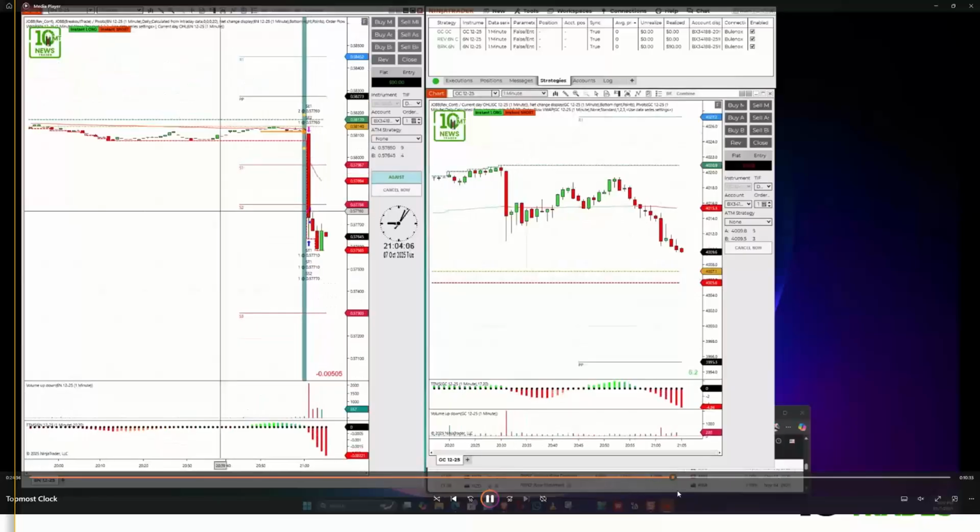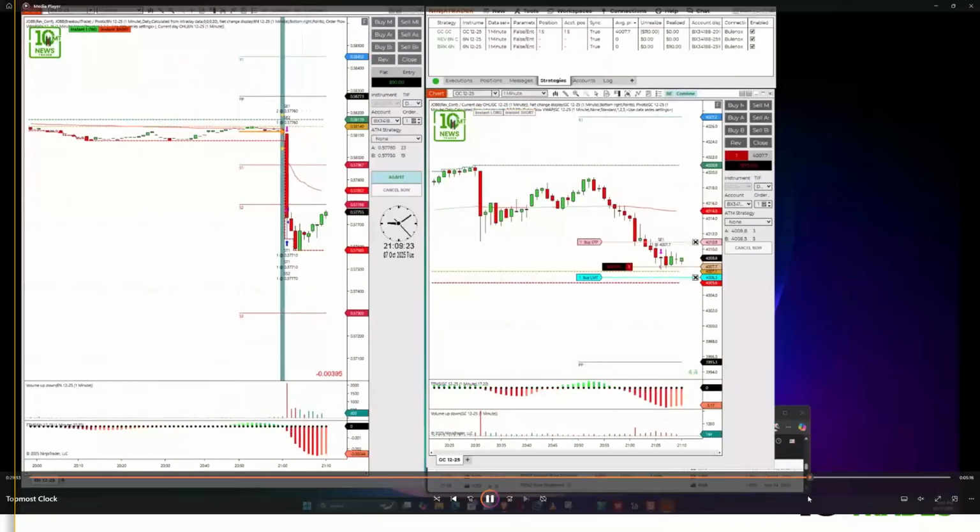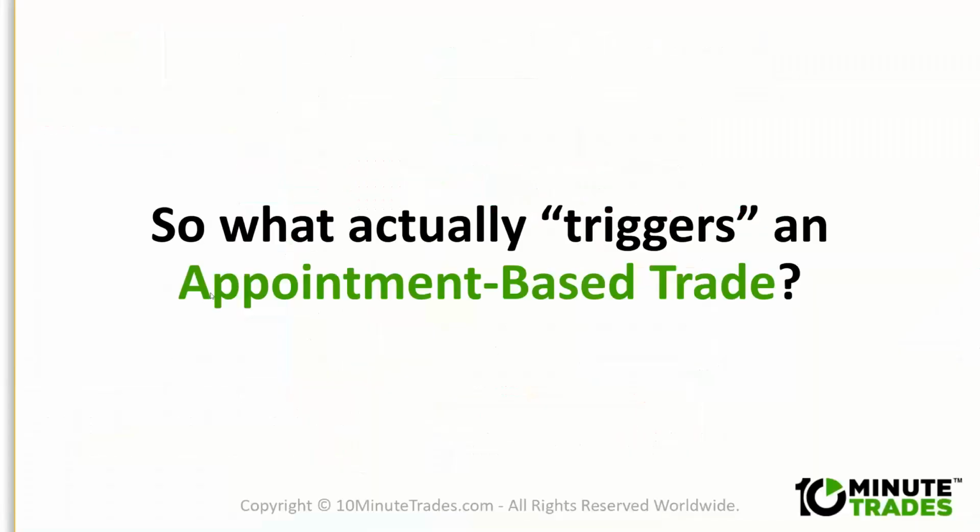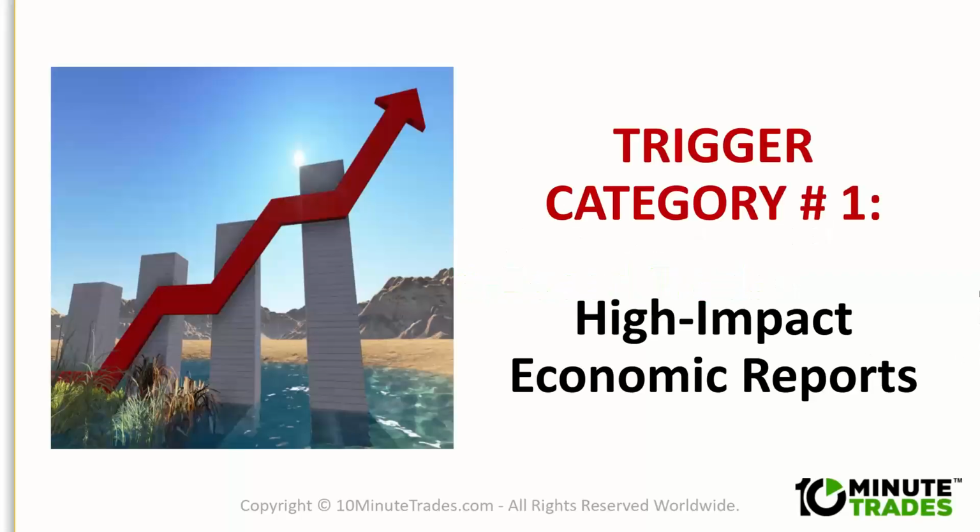Eventually, it would reverse a little bit, but not all that much on that particular trade because it was a surprise announcement. The difference between the expected news and the actual news released is what causes moves in these markets. We trade those moves.